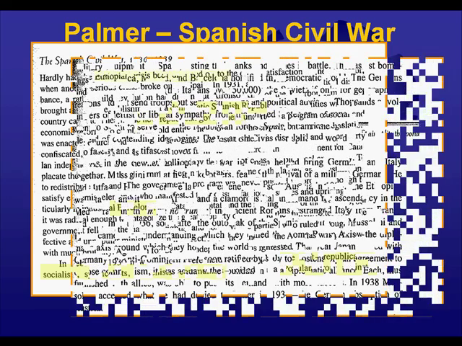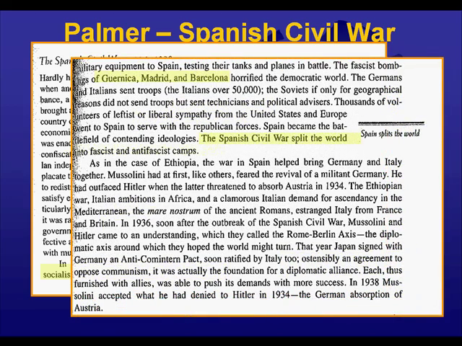Major political figures and various countries involved in the conflict are identified, such as Spain's Francisco Franco, Italy's Benito Mussolini, and Germany's Adolf Hitler, as well as the British, French, American, and Russian governments of the day. Some political alliances are noted, for example, the Spanish Popular Front and the Rome-Berlin Axis, and some significant place names are listed, Guernica, Madrid, and Barcelona.